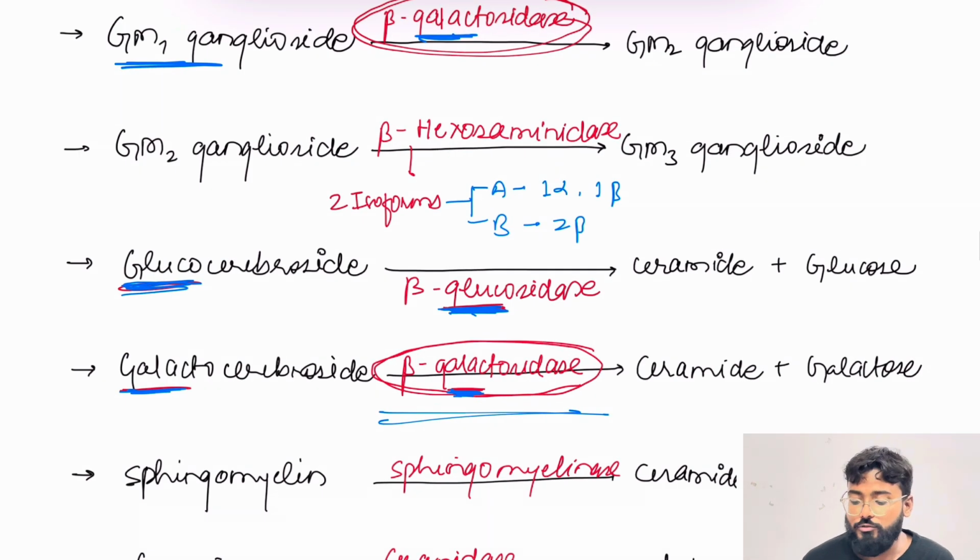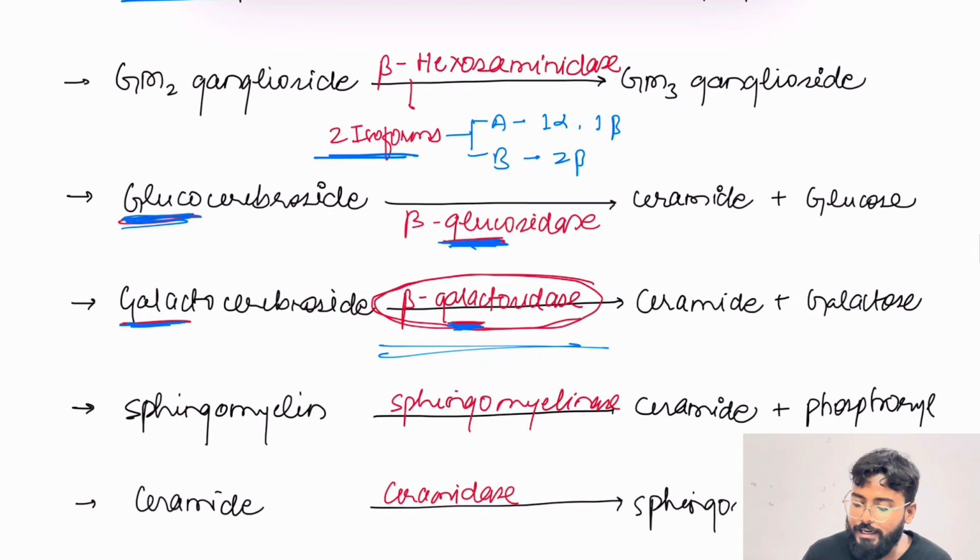The GM2 gangliosides are broken down by beta hexosaminidase, which has two isoforms, A and B. Hexosaminidase A has two subunits, one alpha and one beta, and hexosaminidase B has two beta subunits.